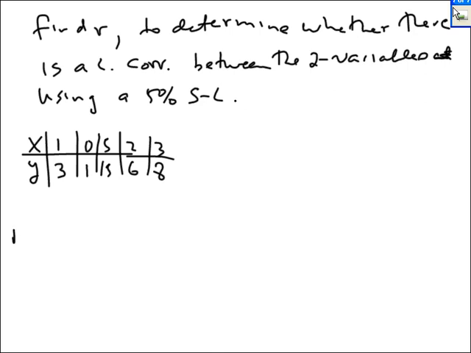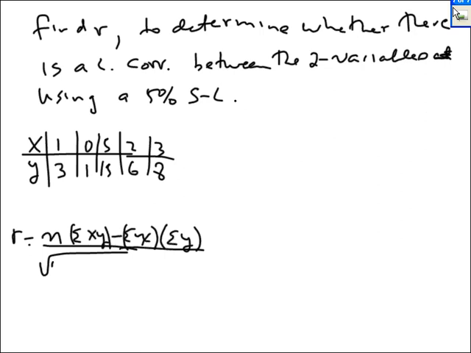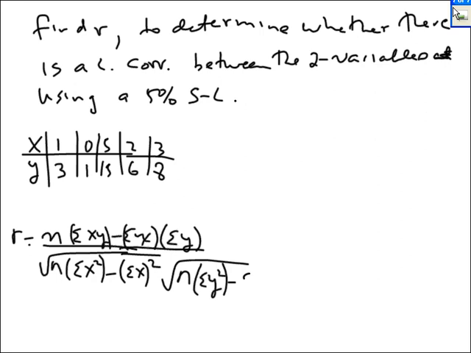Now, we need to find r from the data, which is n times the summation of xy minus the summation of x times the summation of y, all over the square root of n times the summation of x squared minus the summation of x all squared, times n times the summation of y squared minus the summation of y all squared.